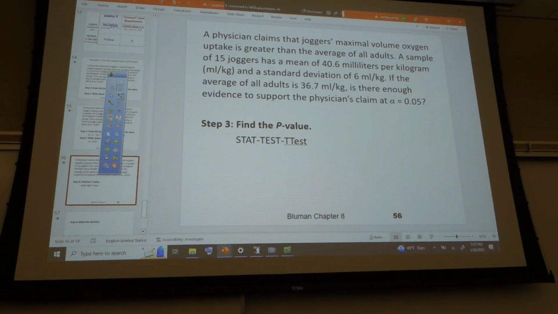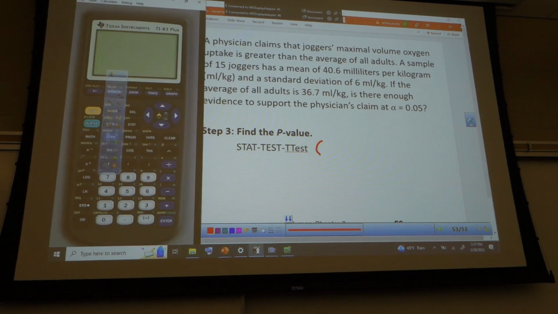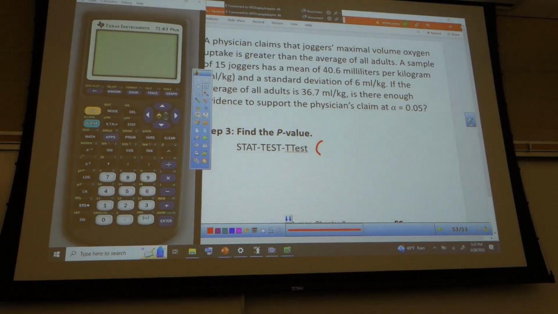So next I'm going to find my p-value. So I'm going to do a stat test, t-test, and I'm going to have my mu naught, x bar, s, n.